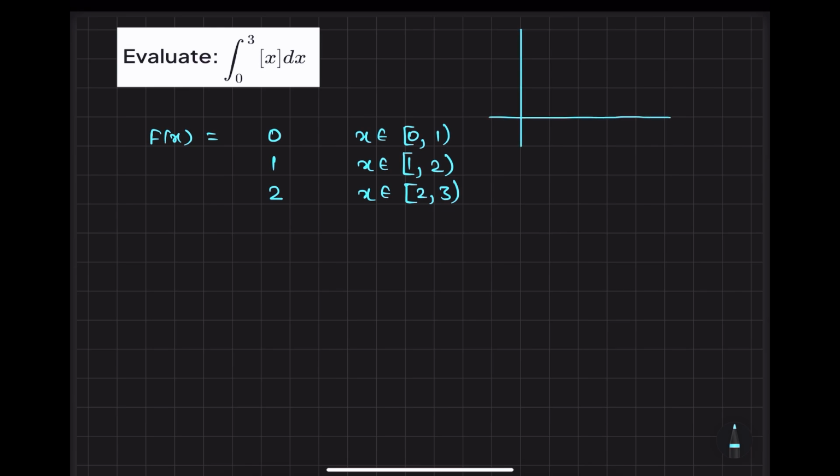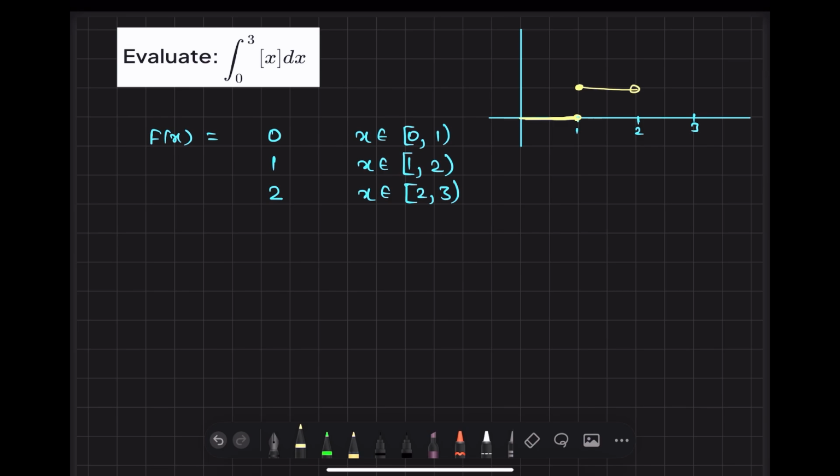So look at this. Suppose this is 1, this is 2, this is 3. So if you draw a graph from 0 to 1, you will have a graph which will look like this. Then a bubble, then this, then a bubble, this.